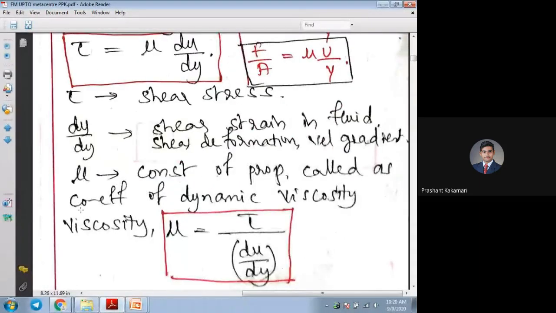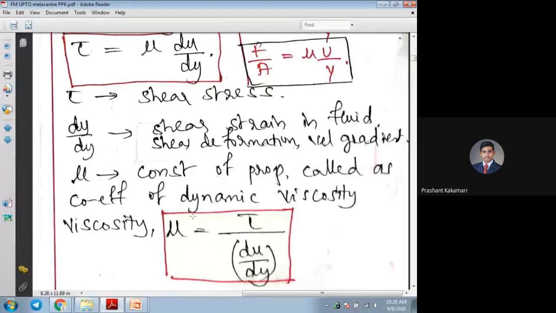Then mu, the constant of proportionality, is also called the coefficient of viscosity, or many times generally called dynamic viscosity. In the problems, if they ask only viscosity, you have to find the dynamic viscosity.